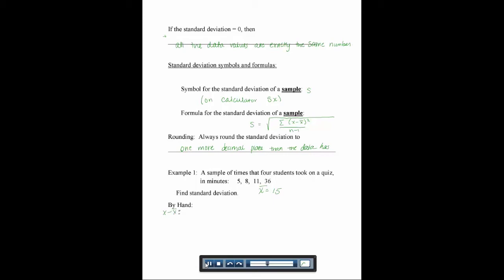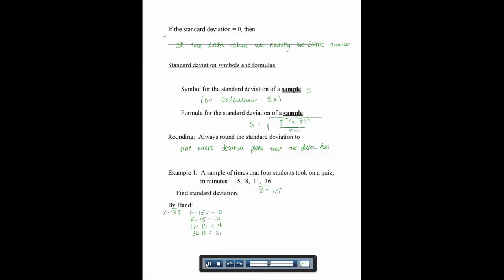So we would take 5 minus 15, which would be negative 10. We would take 8 minus 15, which would be negative 7. 11 minus 15 is equal to negative 4. And 36 minus 15 is equal to 21.